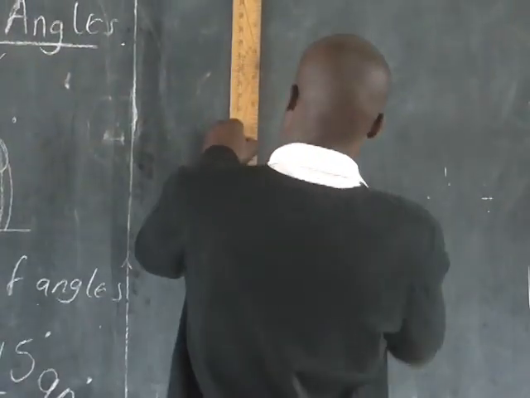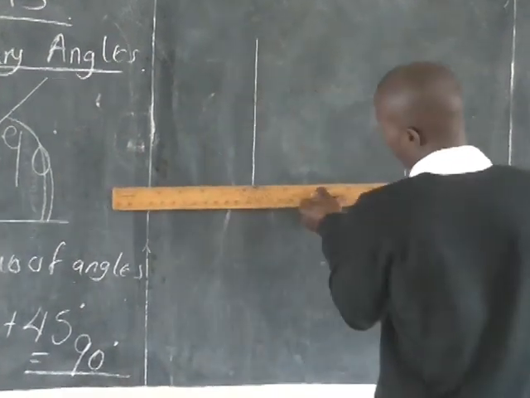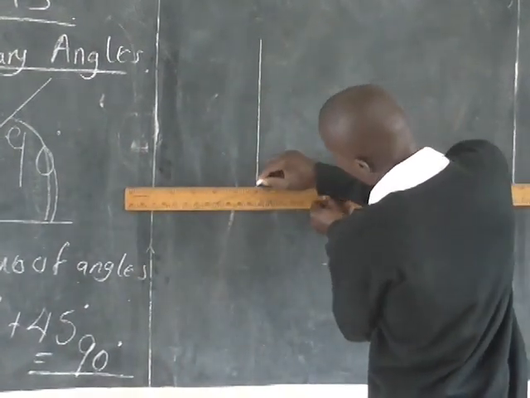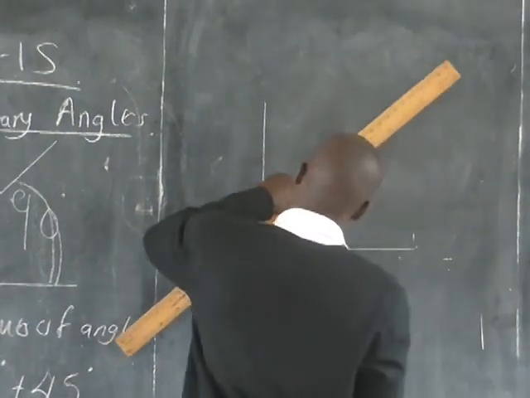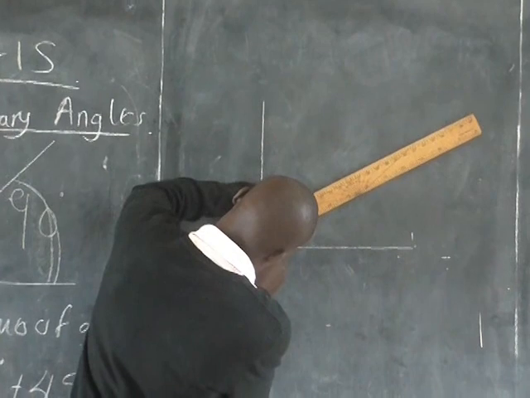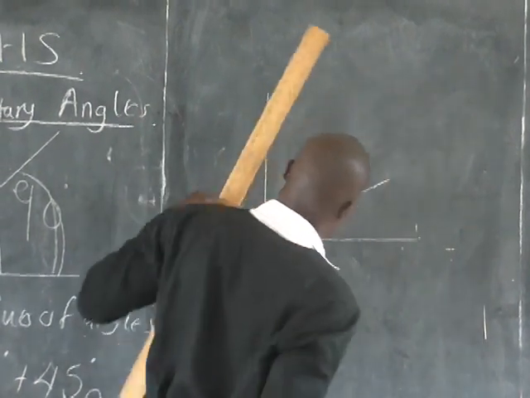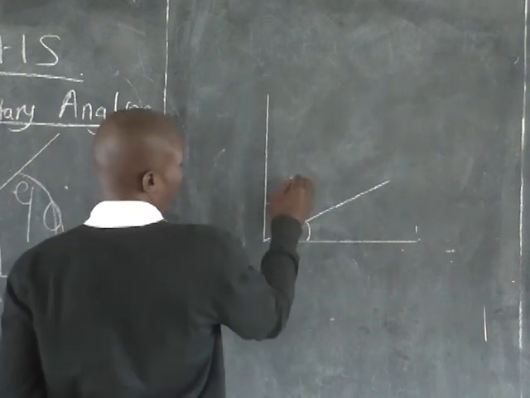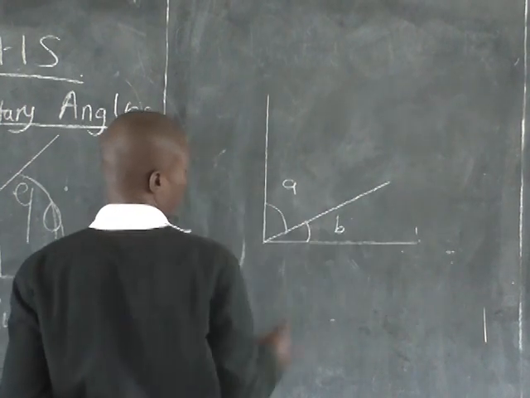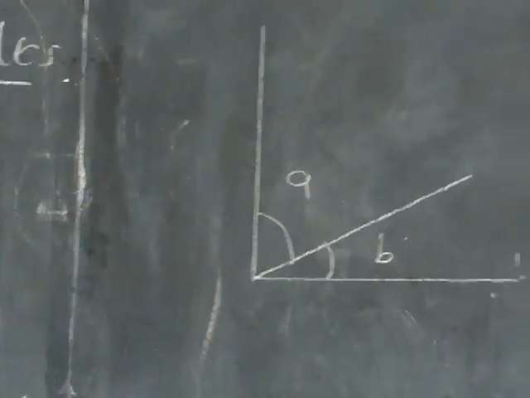Draw this and measure. Then we have A, B. Draw this and measure.